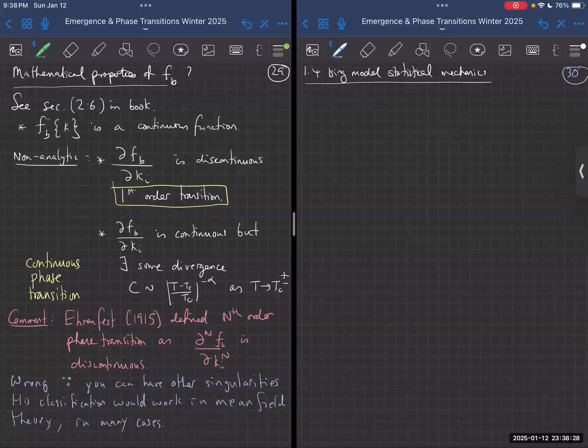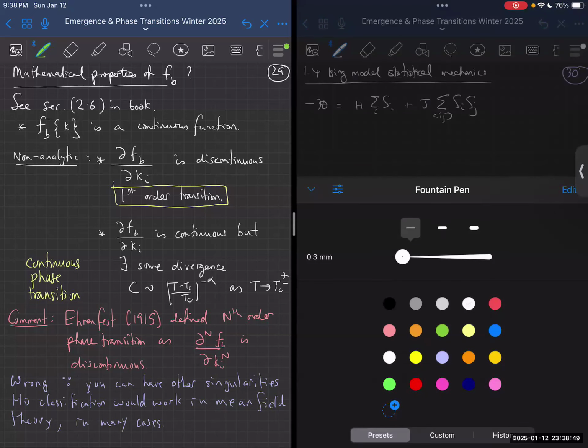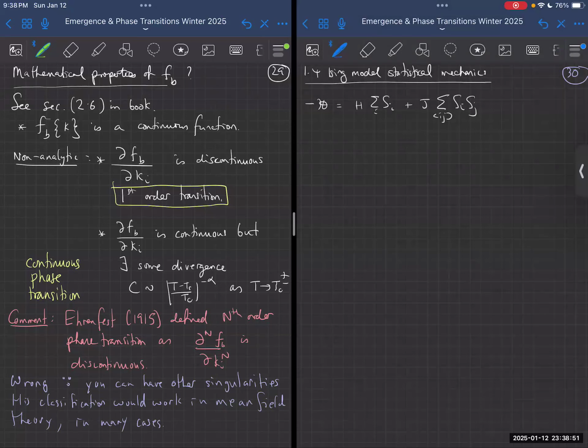I'll write it for now like this: minus h sum over i of s_i plus J sum over nearest neighbors ij of s_i s_j, and then there are higher order terms which we are not going to worry about.